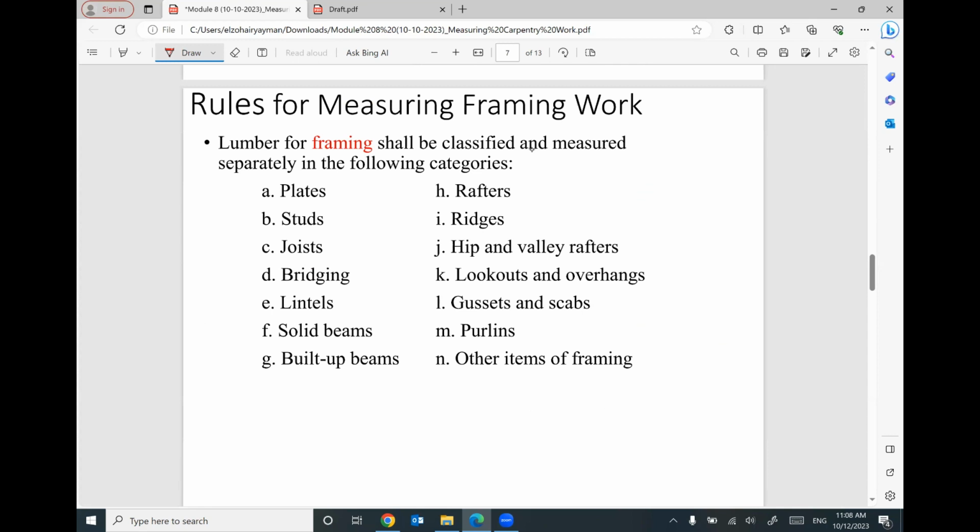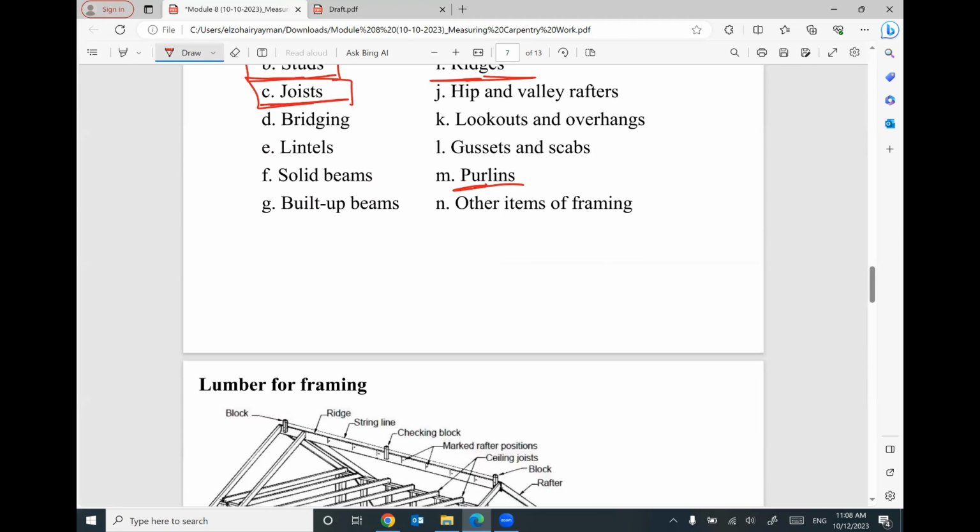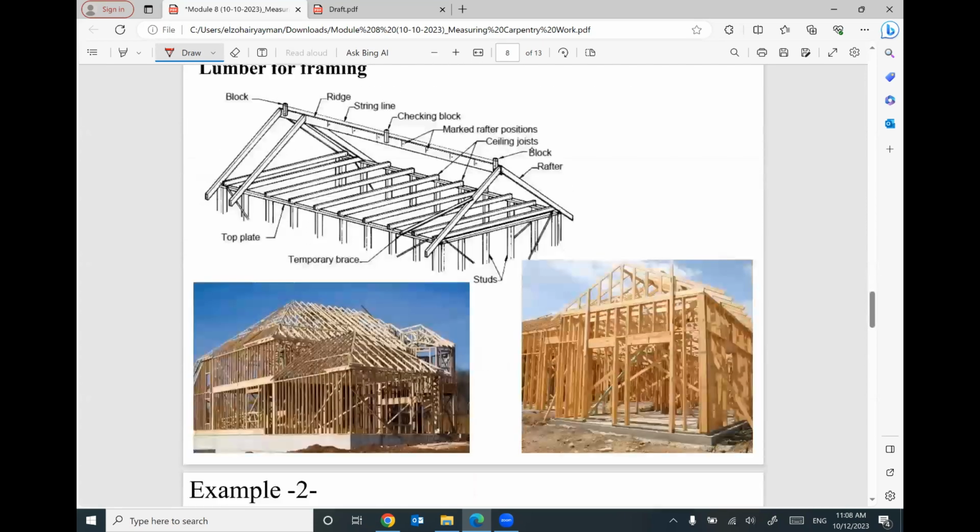We decided that if you have different types of lumber, sometimes your lumber is used as studs, sometimes as joists, sometimes as rafters, sometimes as ridges, sometimes as purlins. All of them may be the same lumber, but in different use. If you look at this construction, this lumber is used as studs. Studs are the vertical elements.